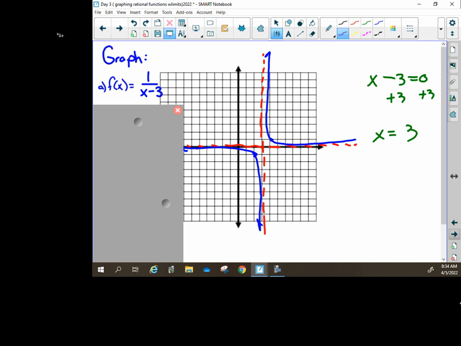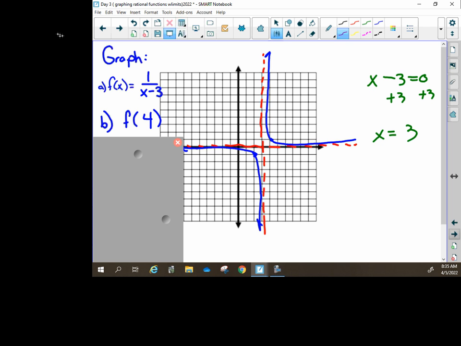Now we come up here and we got the graph there, and what's f of 4? If I come over here and go 1, 2, 3, 4 over, at 4, what's the height of this graph?